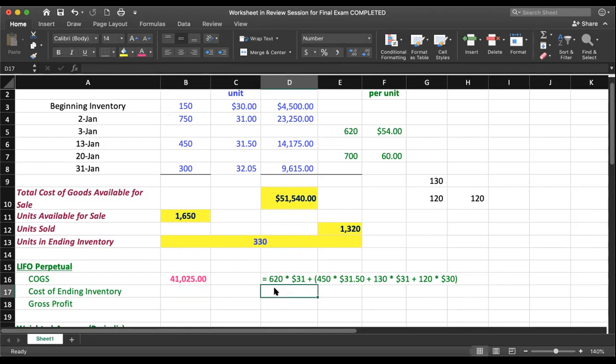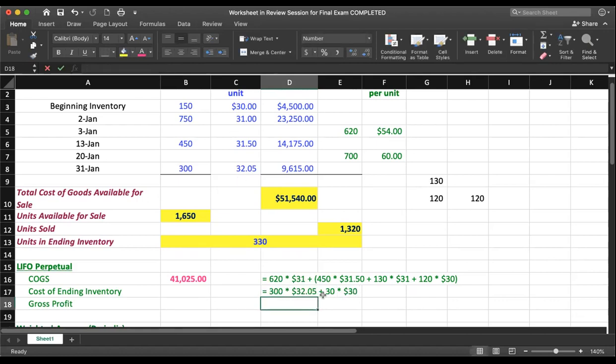So let's go ahead and compute the ending inventory. The ending inventory is 300 units at $32.05 plus 30 units at $30.